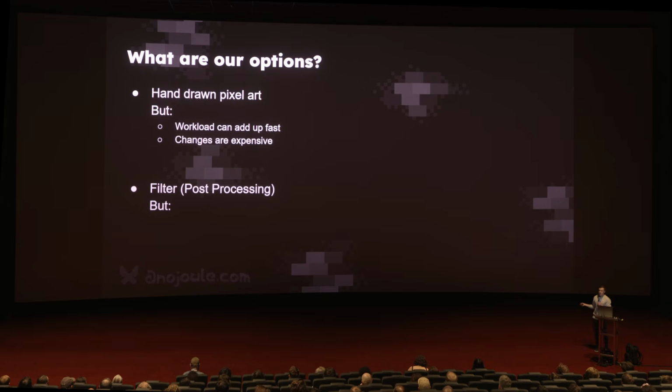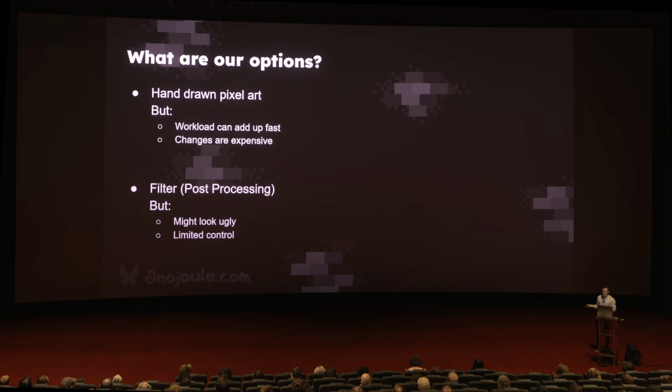Another approach would be, I'll name it filter or post-processing at the end of your rendering pipeline, where you apply a shader that makes it all pixelated. This might look ugly, but don't get me wrong, I also see some awesome examples out there where it works really good. But in general, it's harder to pull off.